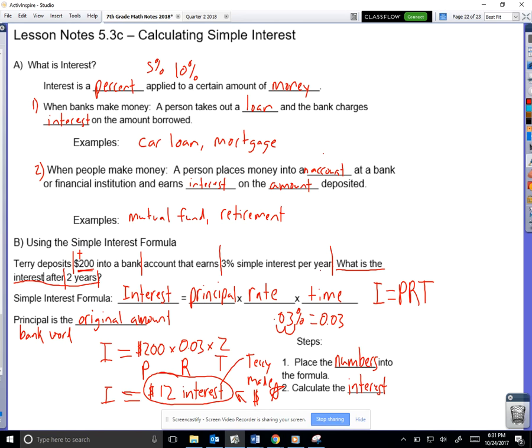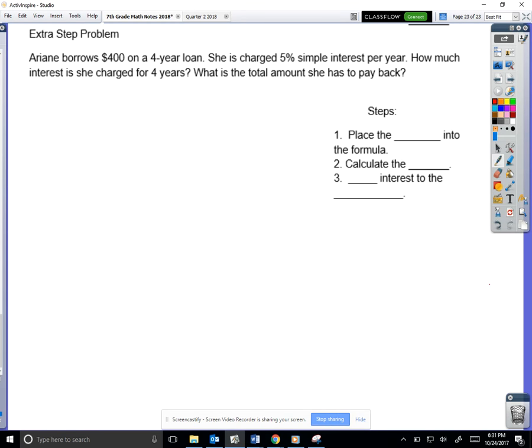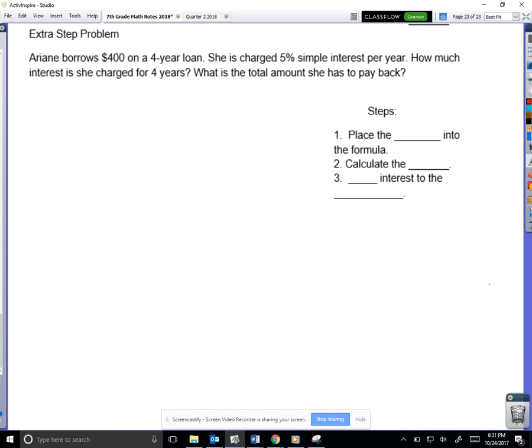All right? Let's take a look at one more example. This one's going to have one extra step, but it's not going to be too bad. Here's what we got. Arain borrows $400 on a 4-year loan. She is charged 5% simple interest per year.